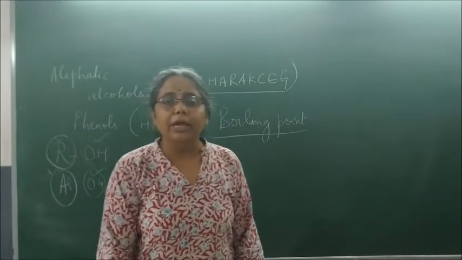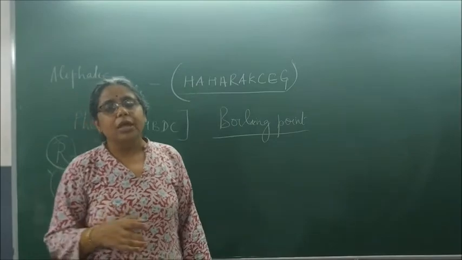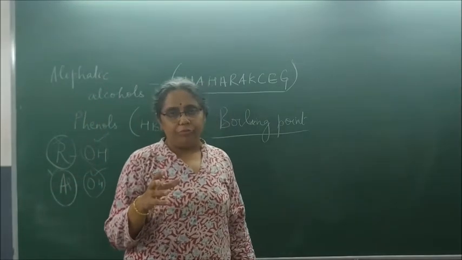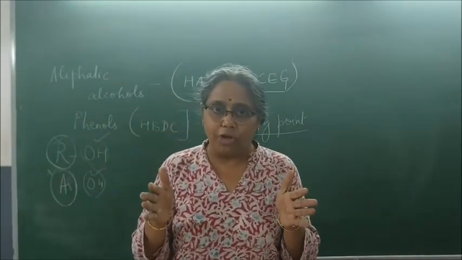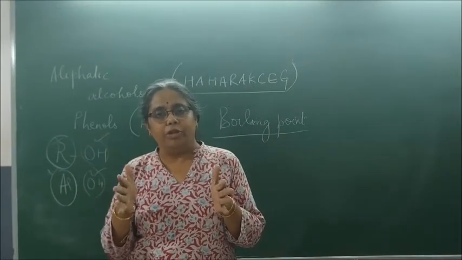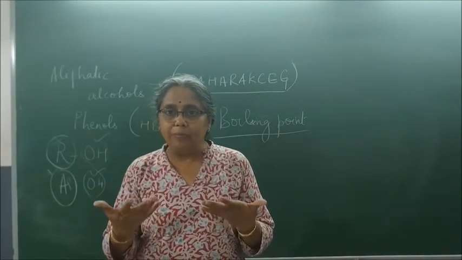You know that in most of the compounds, if they show intermolecular hydrogen bonding, there is clustering of molecules, and due to clustering of molecules, they will have high boiling point.